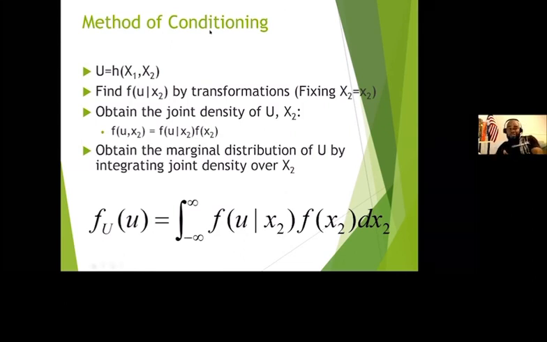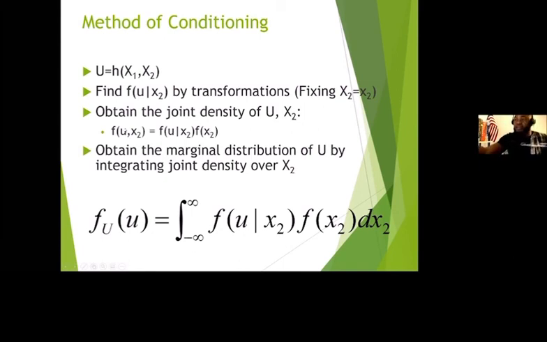Look at conditioning. For the method of conditioning, we need to first find the PDF of u given one of the variables, given X2. And of course, we can do that by transformations. By transformation, we say let uppercase X2 be equal to lowercase x2. Then we need to first obtain the joint density of u and X2.